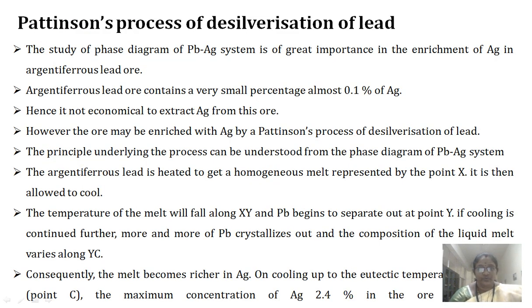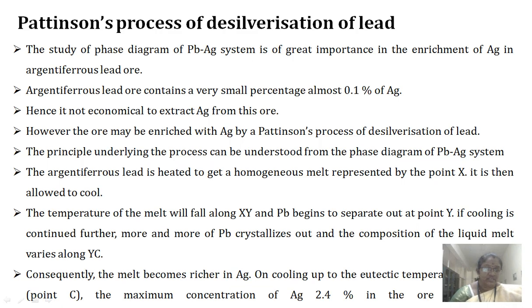Parkinson's process of desilverization of lead. The study of the phase diagram of lead silver system is of great importance in the enrichment of silver in argentiferous lead ore. The argentiferous lead ore contains a very small percentage, almost 0.1% of silver.